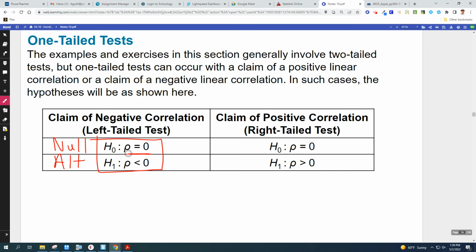Notice we're assuming this equals 0 again. We're always assuming some parameter equals 0, but for a left-tailed, remember what your normal distribution looks like. A left-tailed looks like this. You've got your null and you've got your alternative.